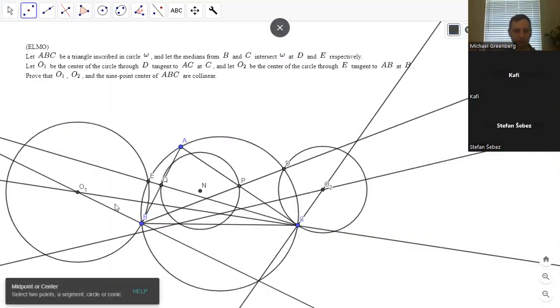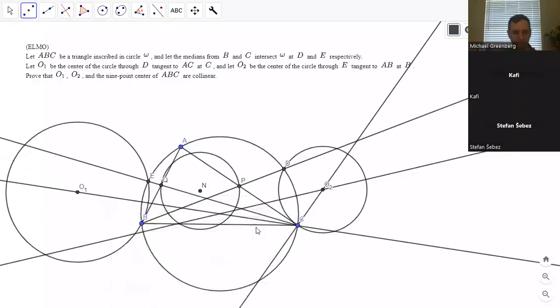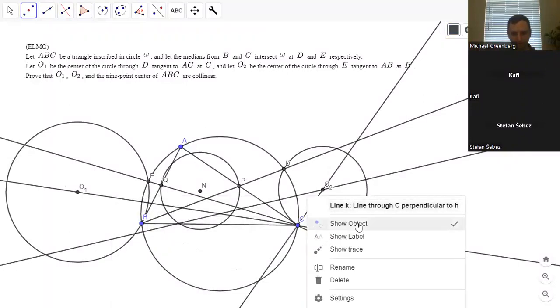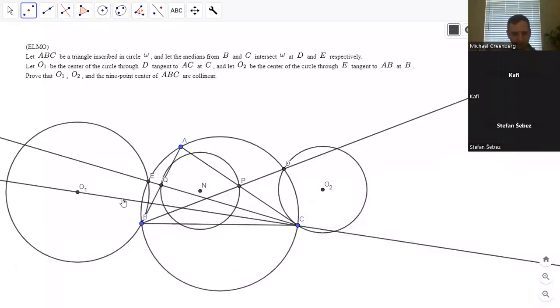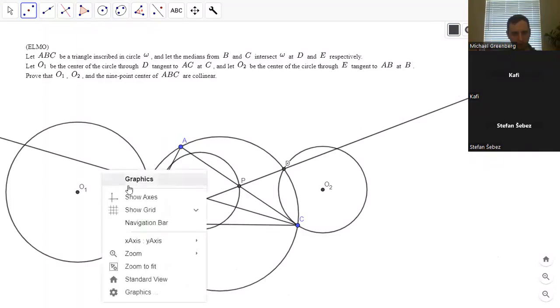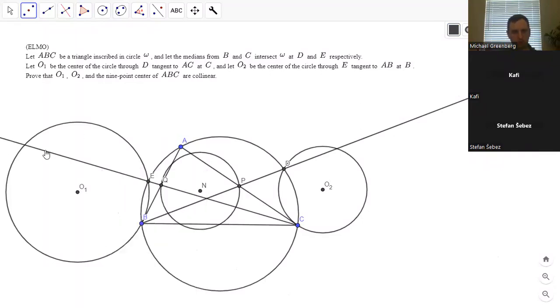I don't remember exactly what it is though. Well, then we should have a parallelogram with O and H. Circumcenter and orthocenter. Okay. Oh yeah.